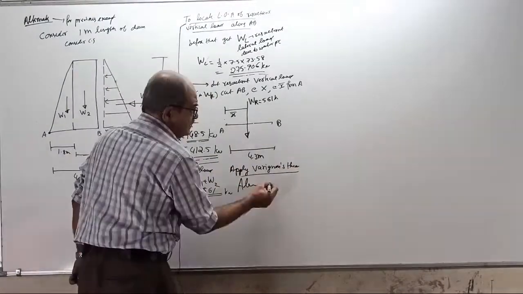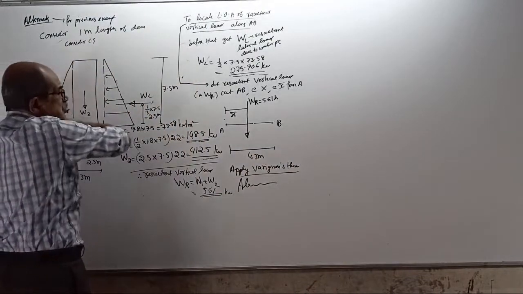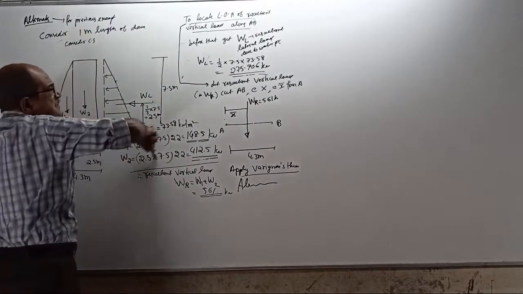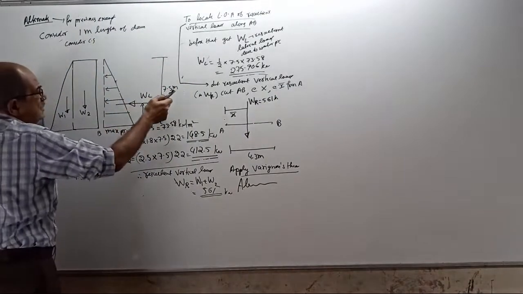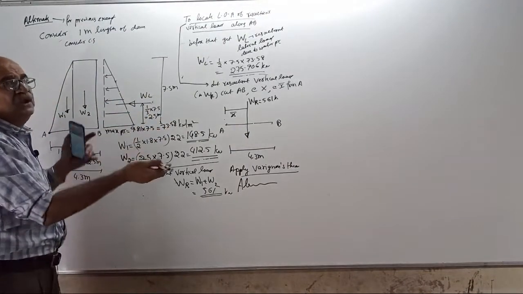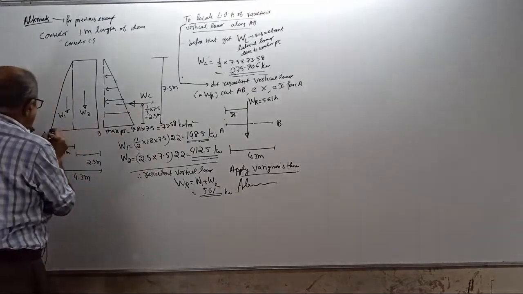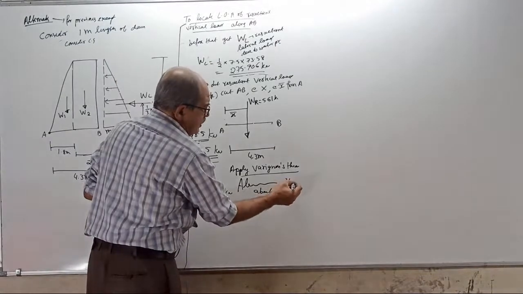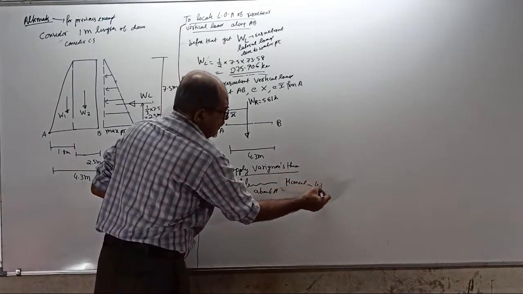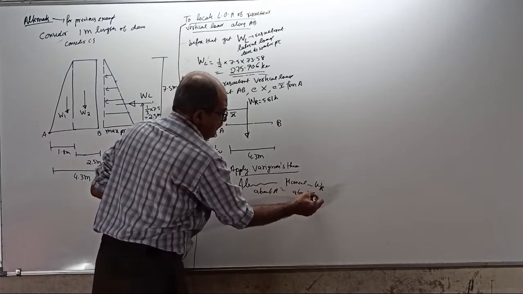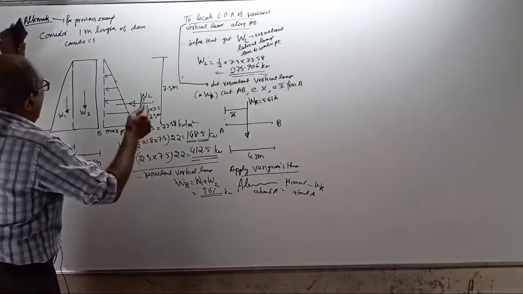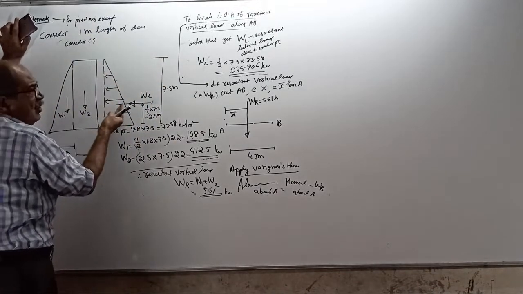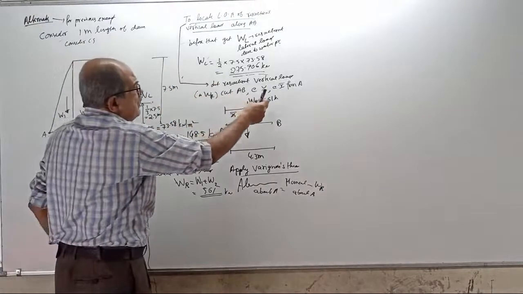Algebraic sum of moments of the entire force system, including WL, because even though it is not a vertical load, it will create a moment, about any point, about A, equal to the moment of the resultant load WR about the same point, about A.